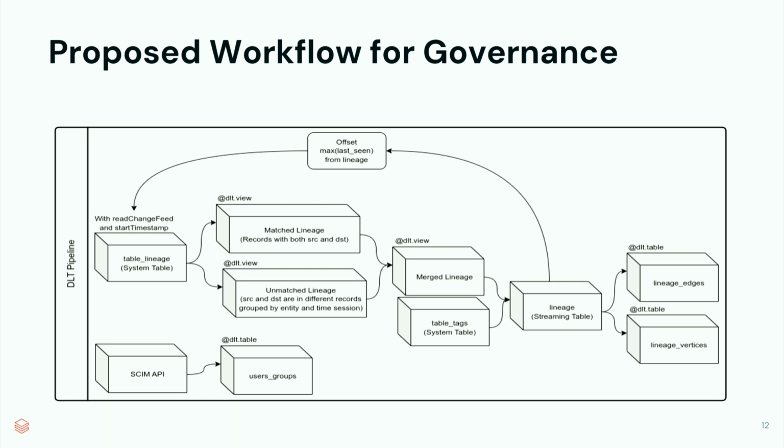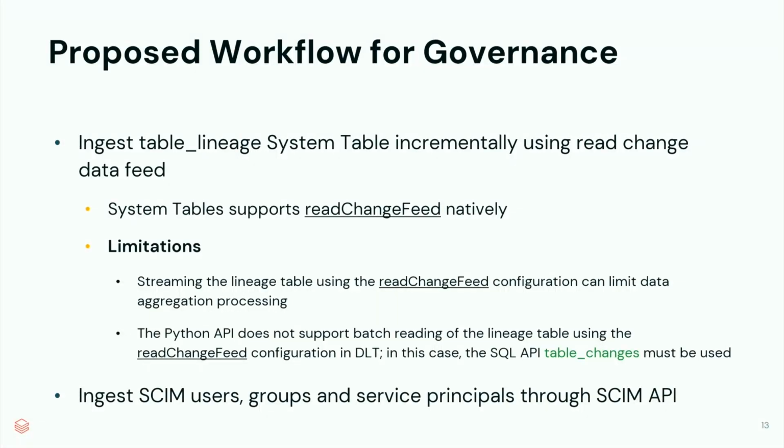And also, we have this another step. Here we have the SCIM API. And with that, we can load and generate an output table called user groups that I will explain in the next slides.